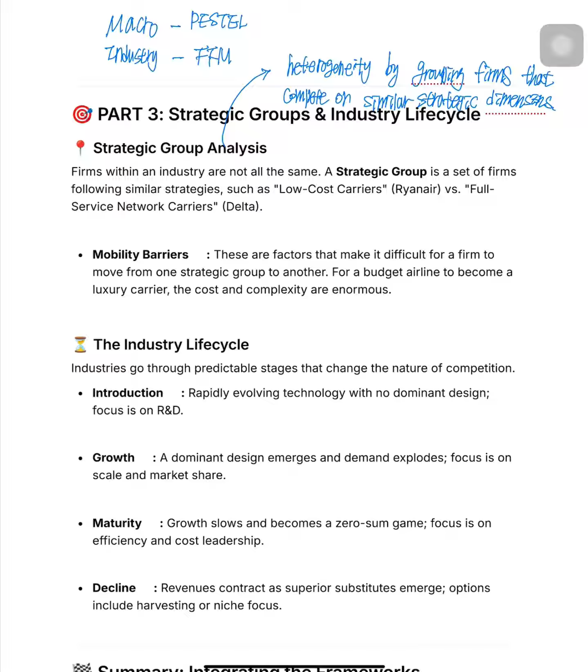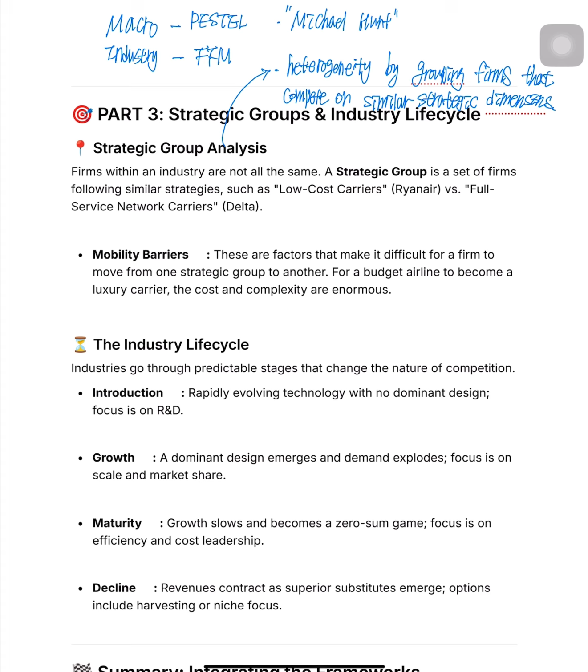So a strategic group is a set of firms within an industry that follow the same or similar strategy as defined by the key strategic dimensions of that industry. The concept was developed by Michael Hunt in the early 1970s, and subsequently elaborated by Porter and others.